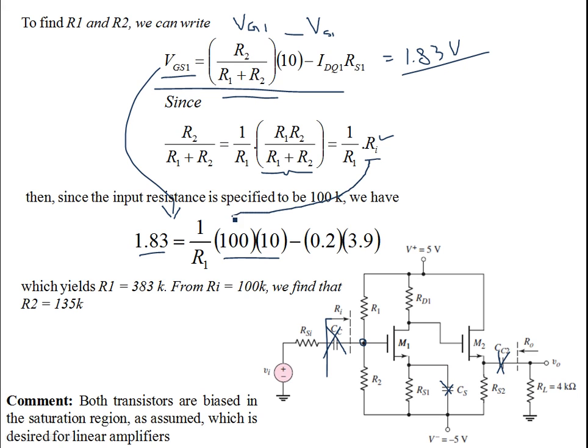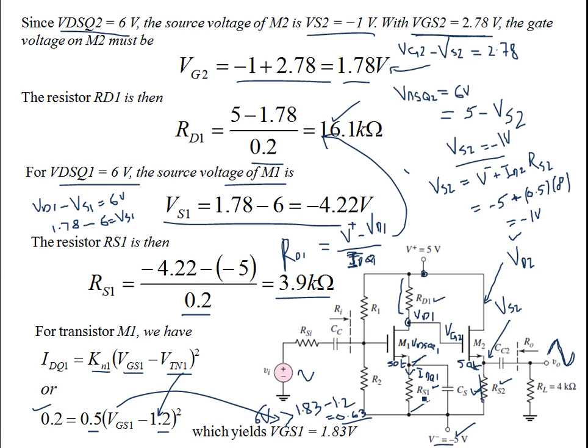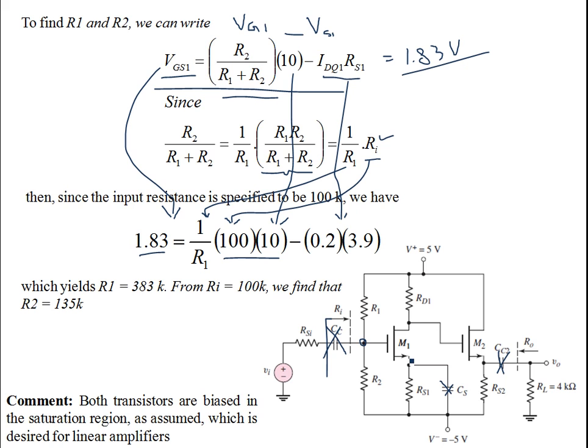Then you have the voltage drop across RS1 from the current and the resistance. RS1 we have already evaluated as 3.9 kilo ohms, and IDQ is the current through MOSFET M1, 0.2 milliamps. So this is the voltage drop across RS1 for the source voltage.